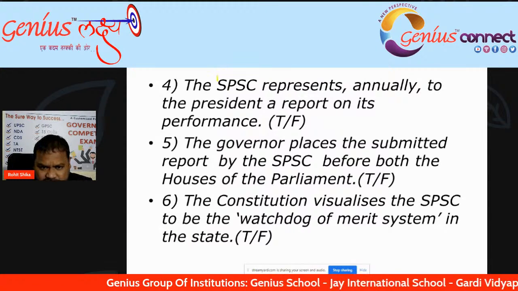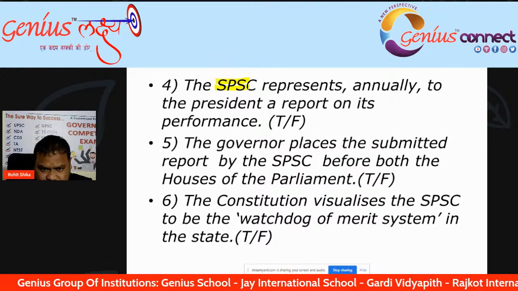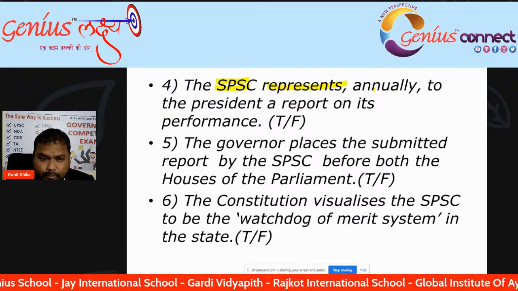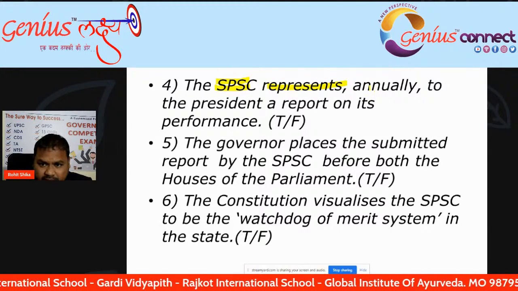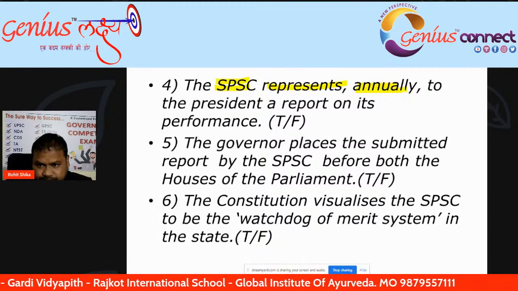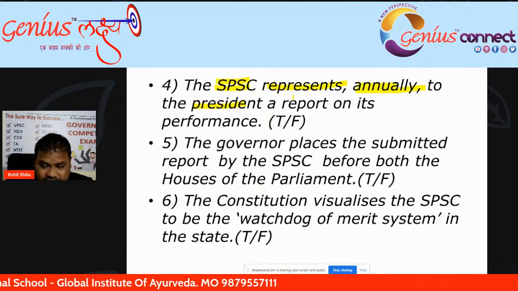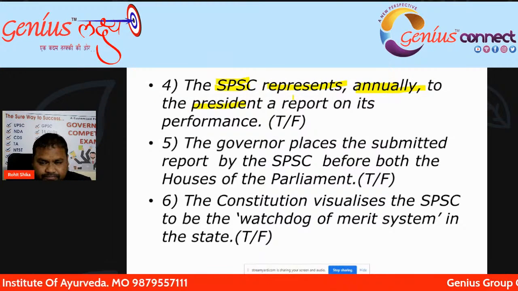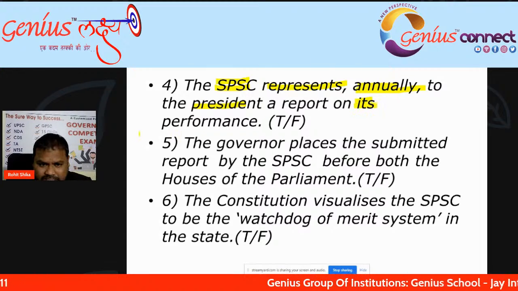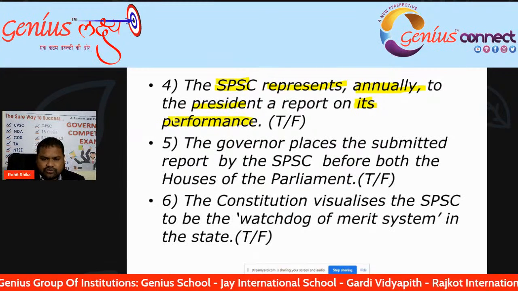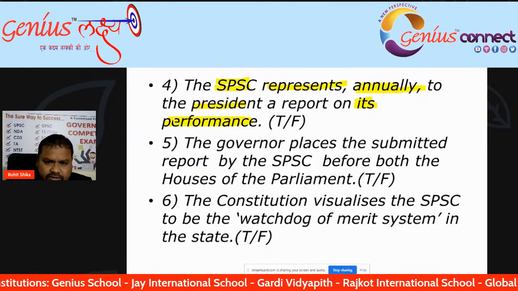The State Public Service Commission presents a report annually to the President of India on its performance, right or wrong?